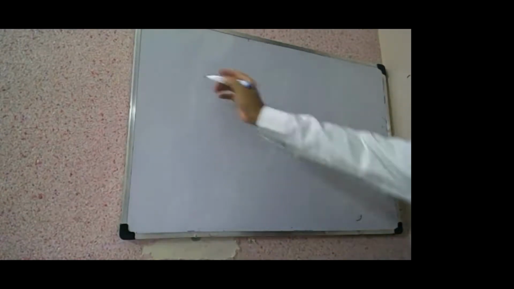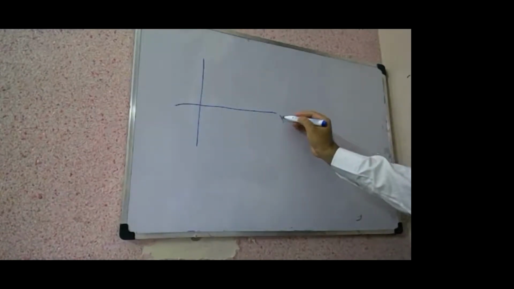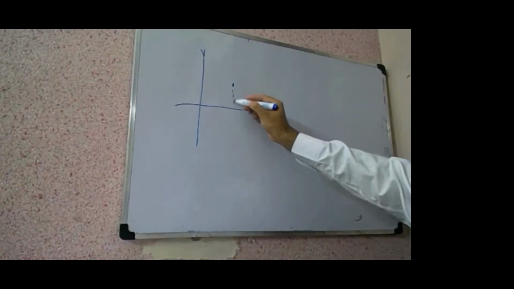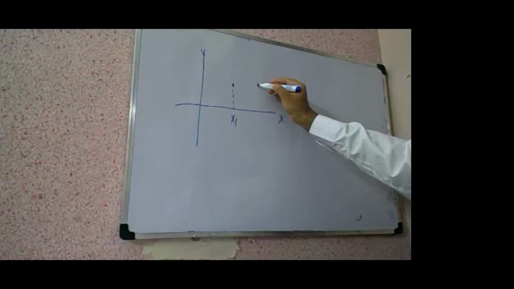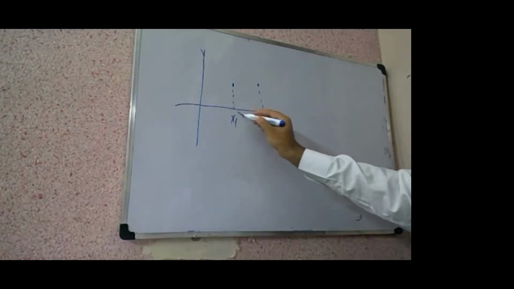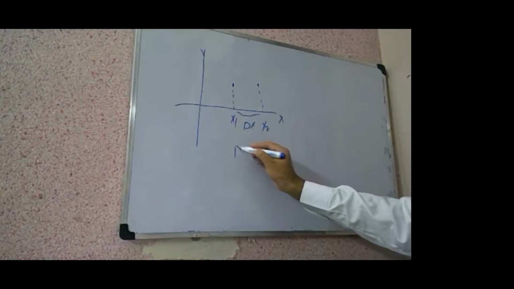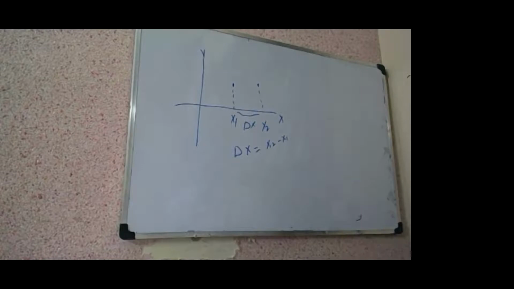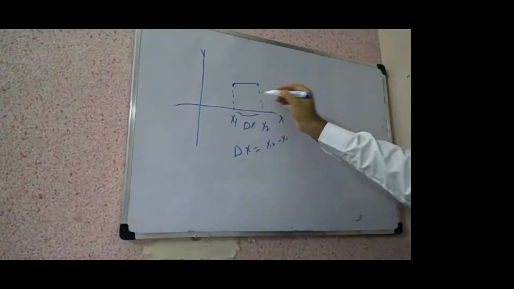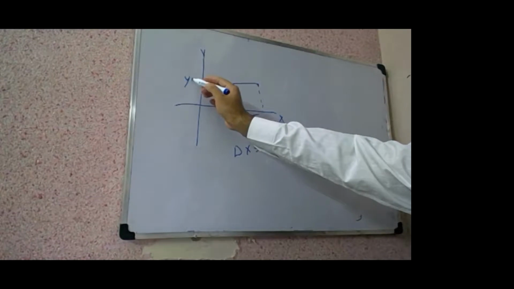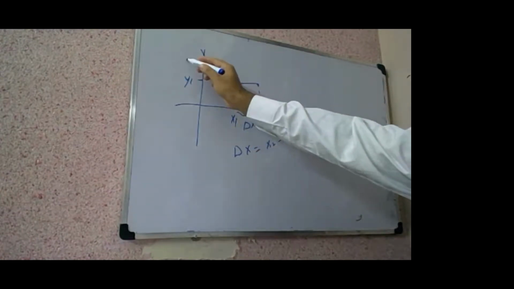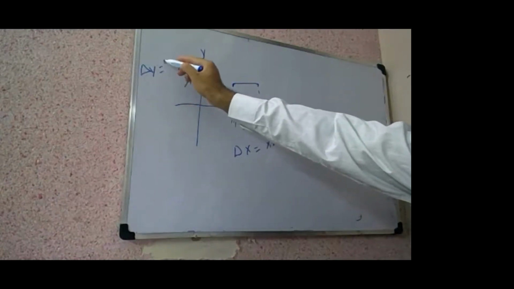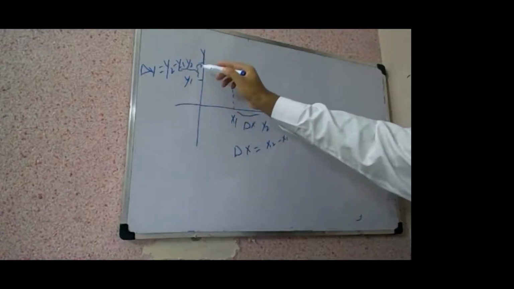So if we see, this is the x-axis, this is the y-axis. Let's say this is one point which is x1, and this is another point which is x2. So this we call delta x. Delta x is the change, x2 minus x1, right? Similarly, we can have y1 and y2, so we have delta y, which is y2 minus y1, the change, the difference.